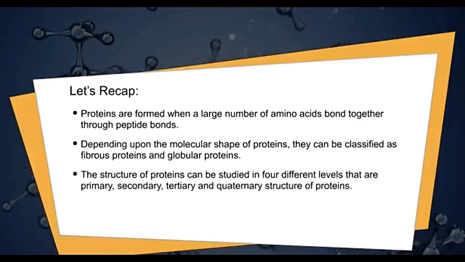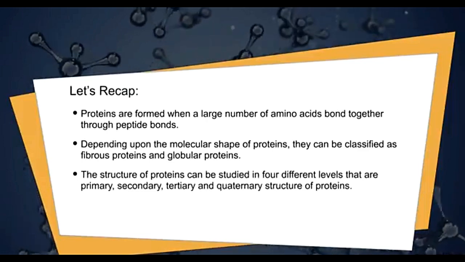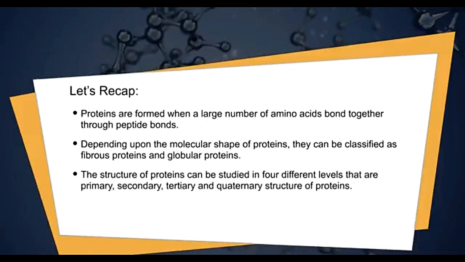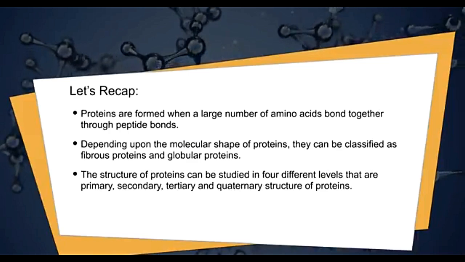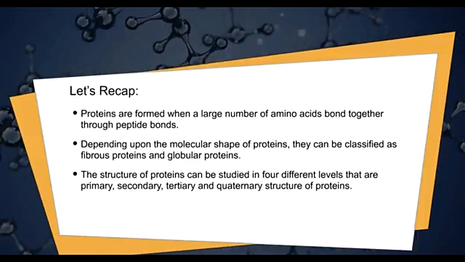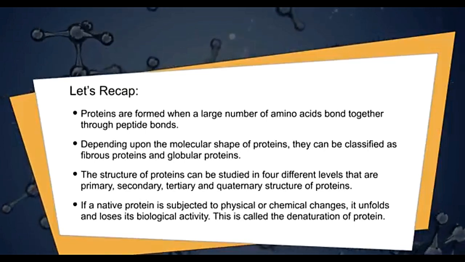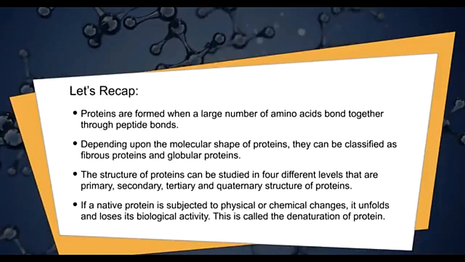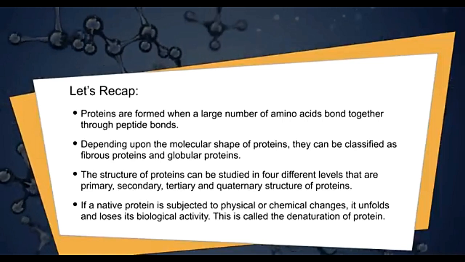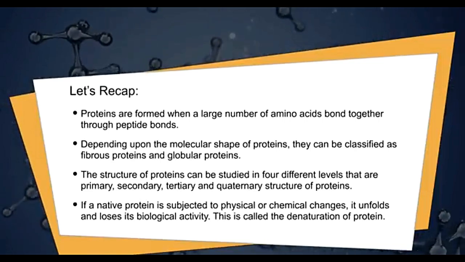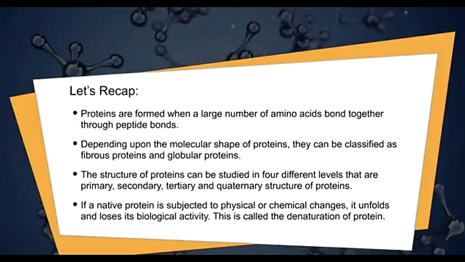The structure of proteins can be studied at 4 different levels: primary, secondary, tertiary and quaternary structure. If a native protein is subjected to physical or chemical changes, it unfolds and loses its biological activity. This is called the denaturation of protein.